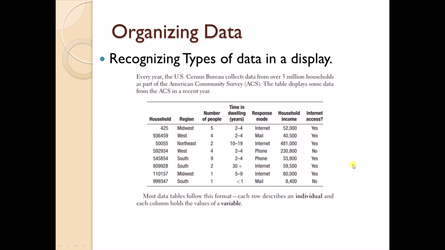All right, so what type of variables would apply? See if you can figure out each of these bolded headings, what type of variables they are, and pause the video. All right, we're back.